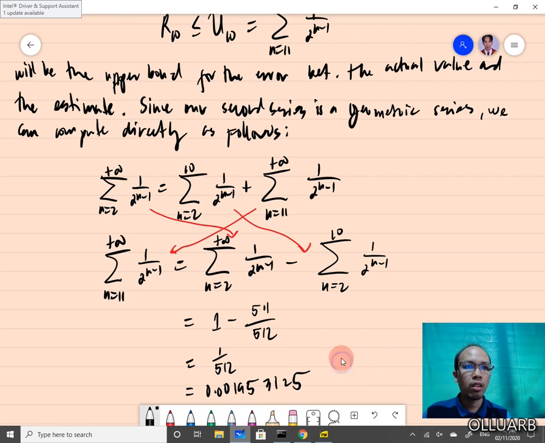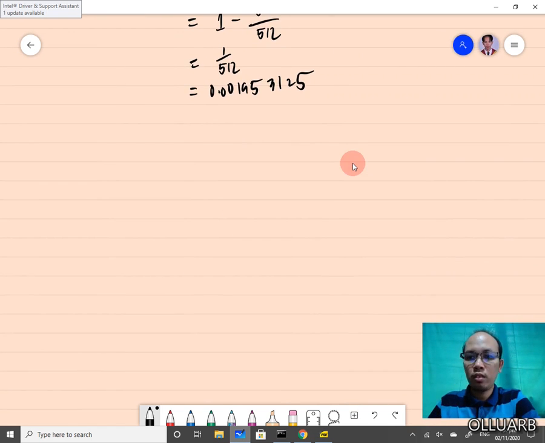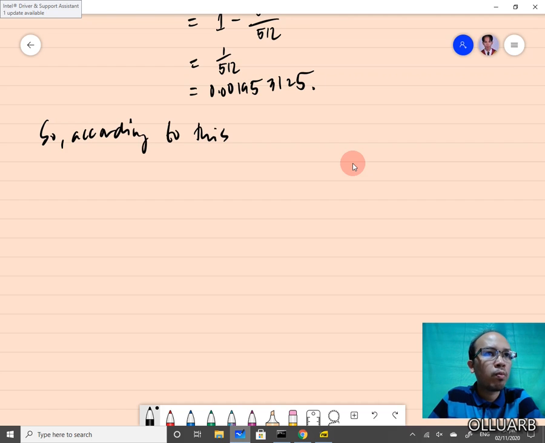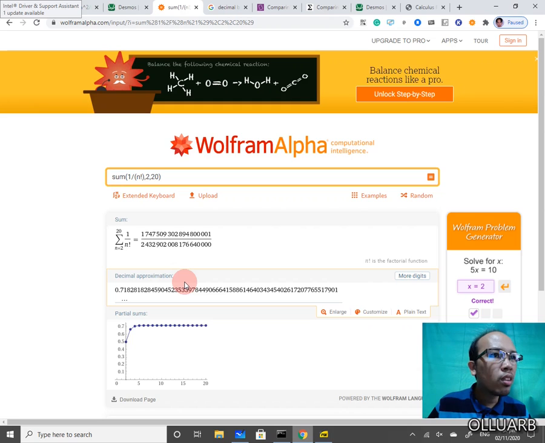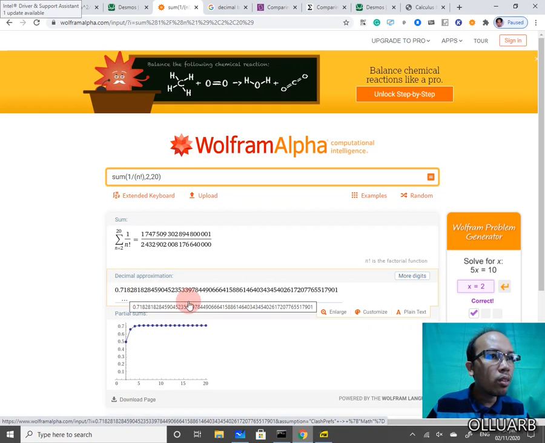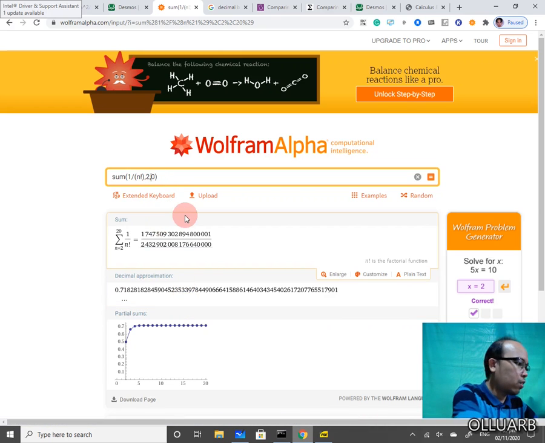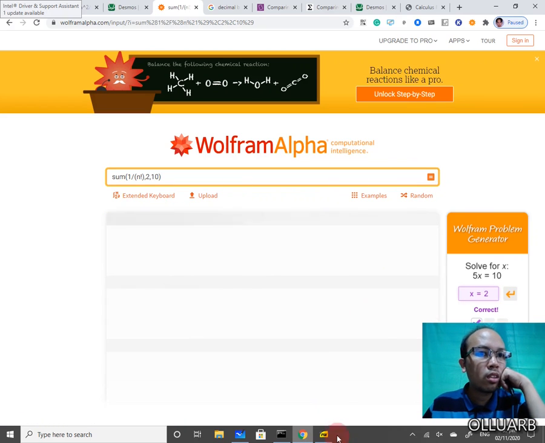So let's move up. According to this, if we use t, which is in our previous calculation, but as you can see in our previous calculation, sorry, this is not 20, this should be 10. Okay, that's why I made a mistake.